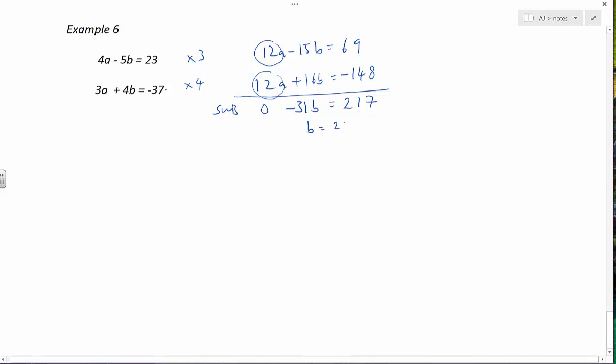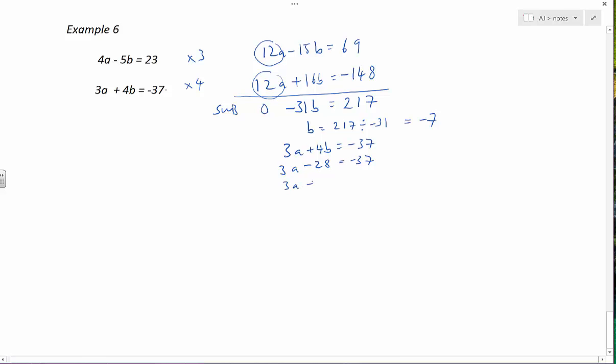So b is 217 divided by minus 31. You'll probably need a calculator, but that turns out to be negative 7. So if b is negative 7 and 3a plus 4b is negative 37, well, if b is negative 7, then 4b would be negative 28.